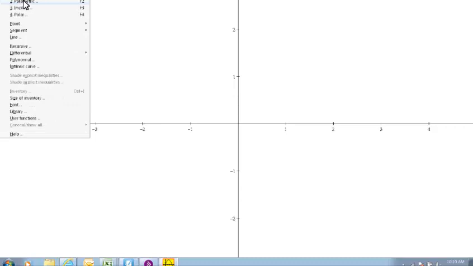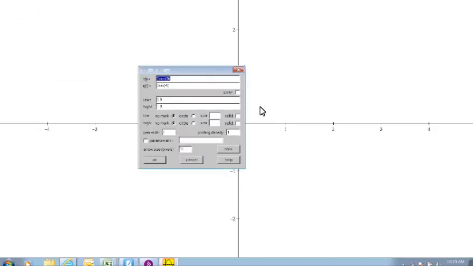You choose equation, parametric, and so that's the parametric equation. So what we'll do is secant of t is f of t, which is x, and tangent of t is the y variable.